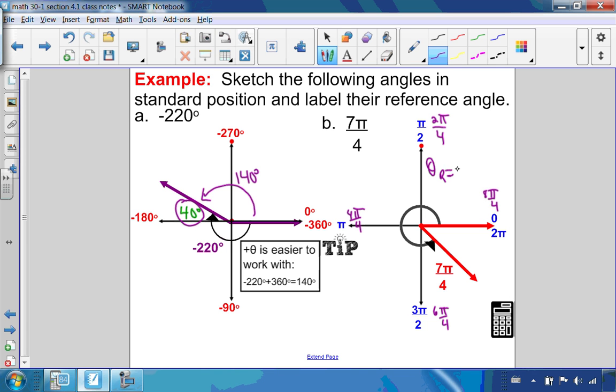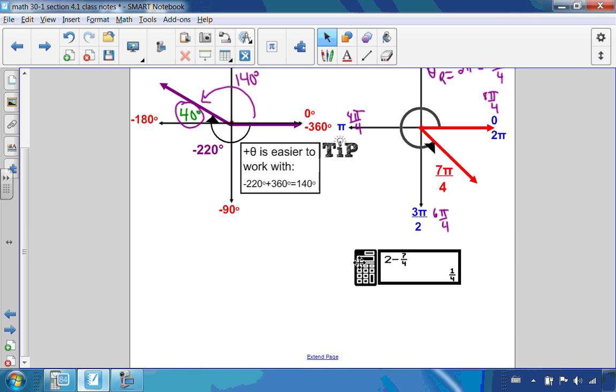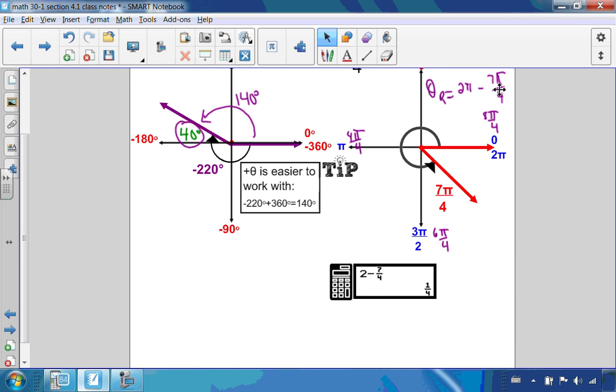Okay, so I can do 2 pi and subtract 7 pi over 4. So big minus small. To do that in the calculator, I would take pi out and put pi back. So 2 pi minus 7 pi over 4: 2 minus 7 over 4 is a quarter, and then I just put back pi, so that means that my reference angle would be pi over 4.